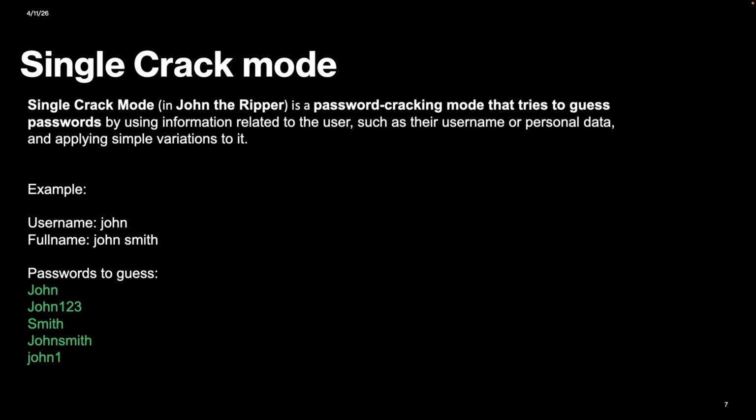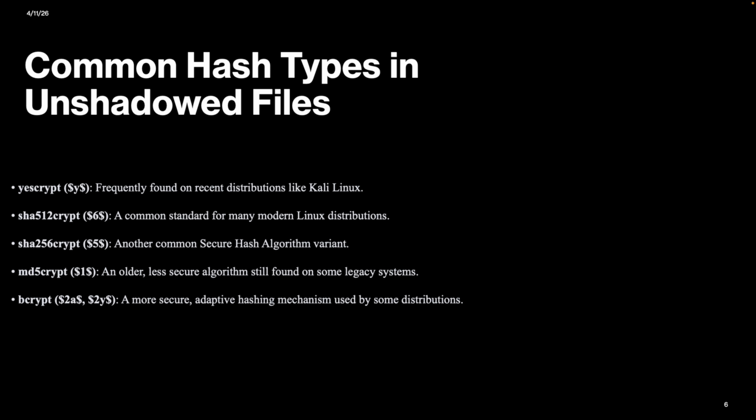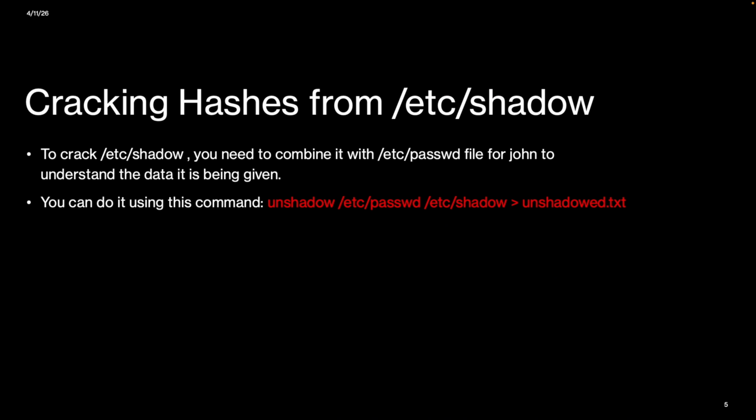So let's come over here, and we're gonna go a level up, and we're gonna learn how to crack hashes from etc shadow. If you are using Linux distributions, something like Kali, CentOS, or Ubuntu, Linux has two critical files to save the information about the users.